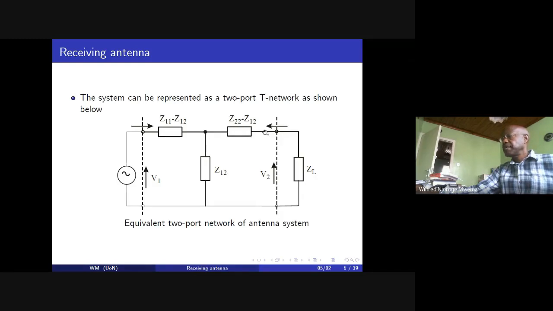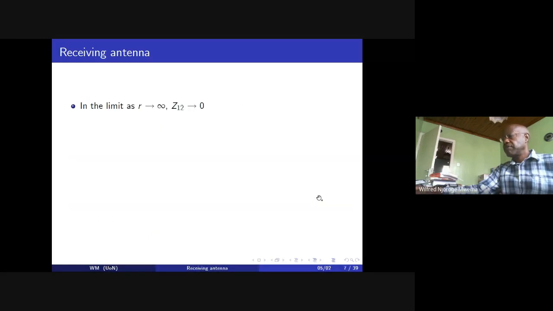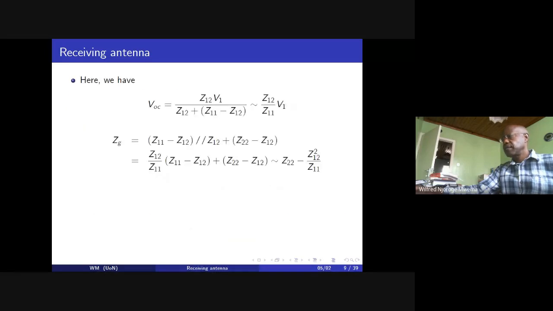Because it's open circuit, there will be no current flowing, and therefore this impedance does not matter, and we just have the potential divider impedance, which is Z12 plus Z11 minus Z12 there. So that's what we have done here for the equivalent circuit.